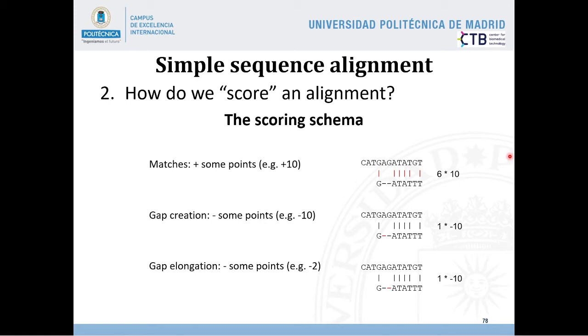Moving to the next part, how do we score an alignment? There are multiple ways of doing this score, of giving this metric of similarity to the alignment, this global metric to the whole alignment. Okay. One quite simple way would be what we were talking of distance as Hamming distance or Levenshtein distance.